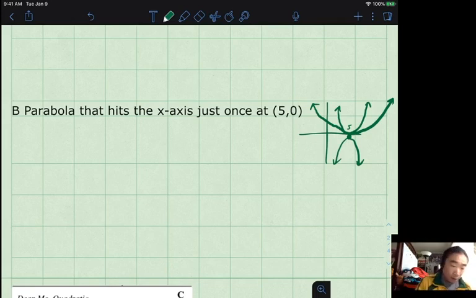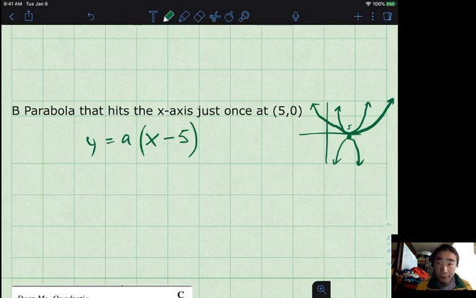So you think, if my equation looks like factored form, and it hits the x-axis just once, I need positive 5 to be the x-intercept. It looks like this. But notice you got two of those factors that end up being the same number.